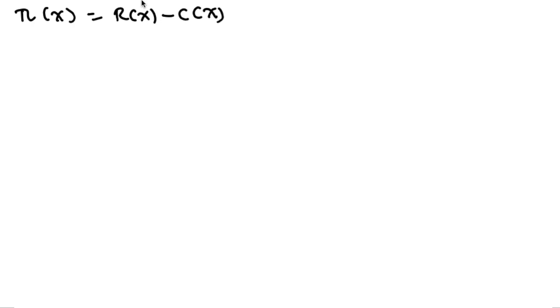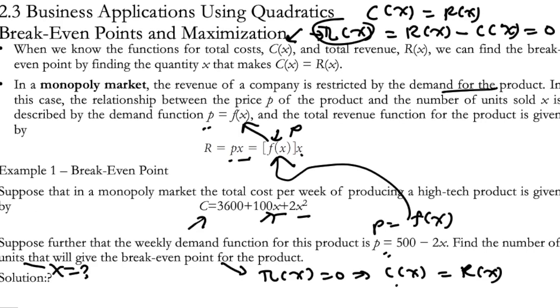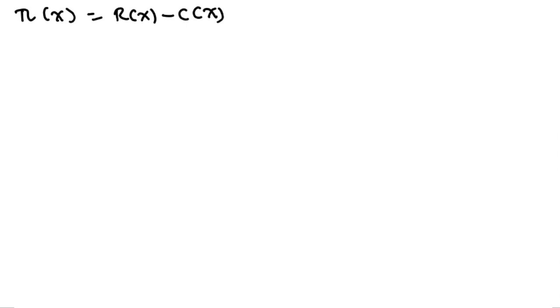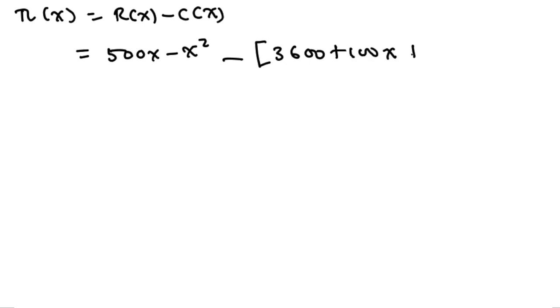In this case, the revenue is given from the question, already we found it. The revenue here is basically 500x minus x squared, and then minus the cost function. The whole cost function here is 3600 plus 100x plus 2x squared in brackets.